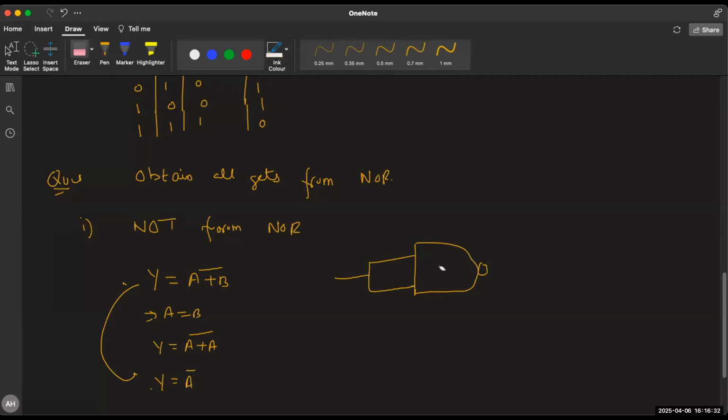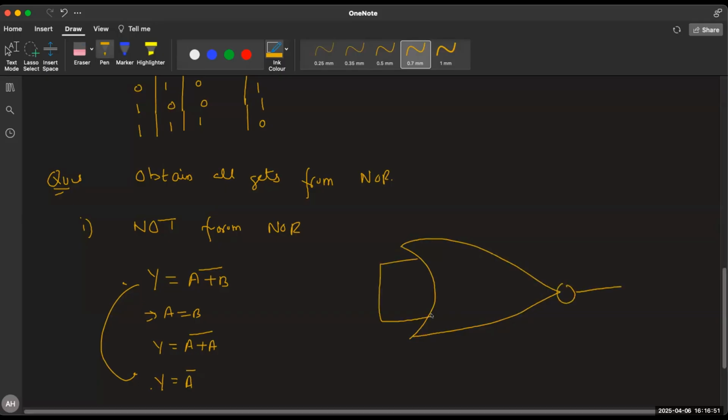Is this the symbol of a NOR gate or a NAND gate? This is NOR. If I connect both the inputs, that means if I give A here, then A will come here.